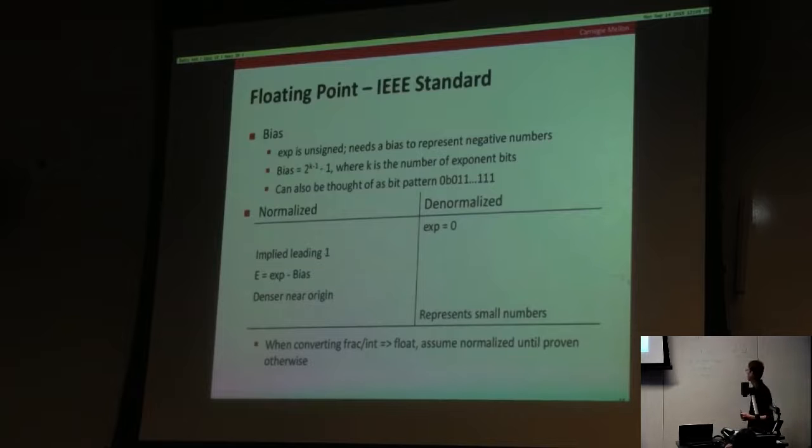So that was a normalized number. We also have what are called denormalized numbers. So these normalized numbers are great, but there's a couple problems with them. Can anyone point out one particular problem with representing numbers using this formula?